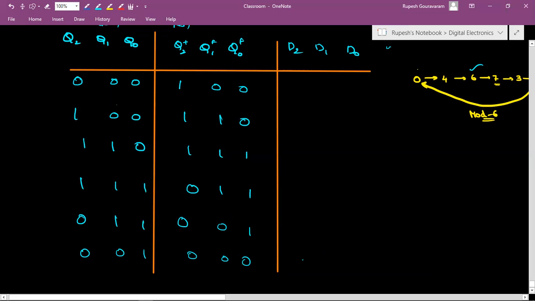So if they ask us just design a counter, you need not consider the unused states. You directly write the unused states. So what will you do? Let me minimize this.